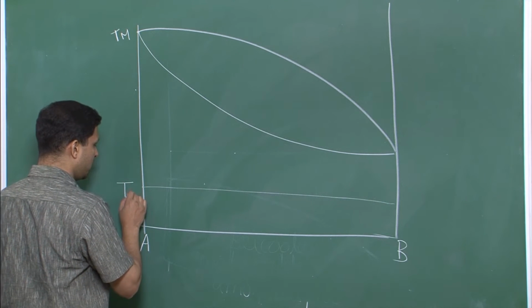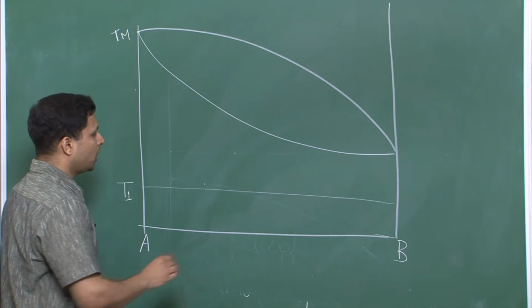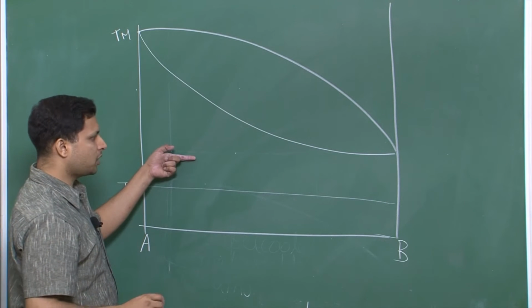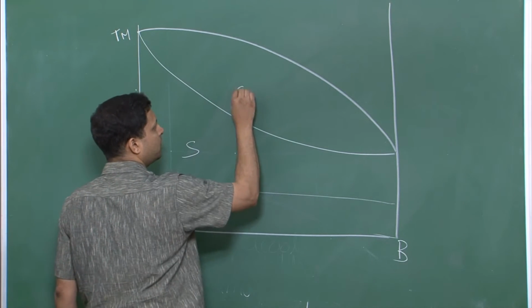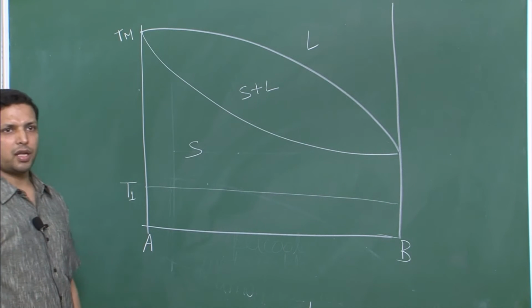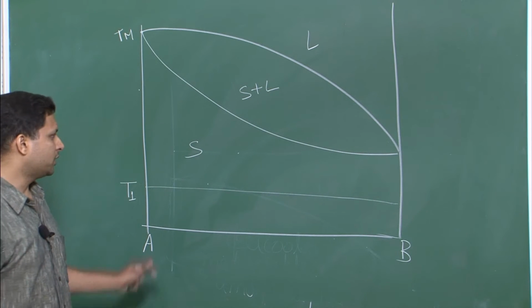So let us call it T1. This is the region where both solid and liquid exist. So this is the solid region, this is the solid plus liquid region, and this is the liquid region. So this is a phase diagram for a two component system.